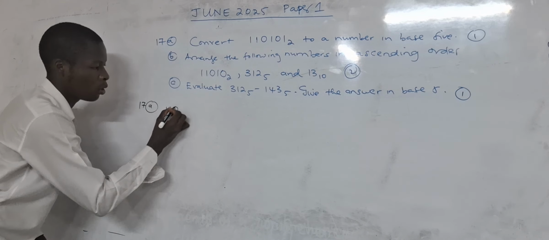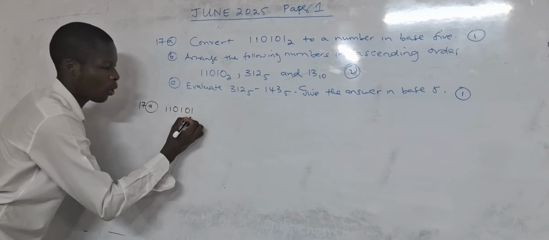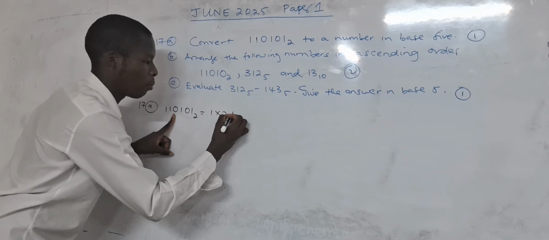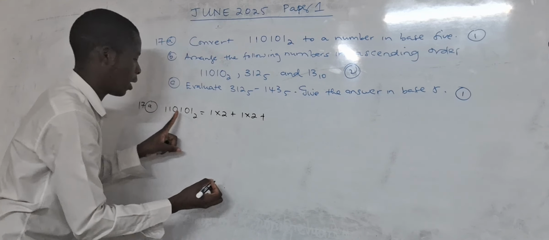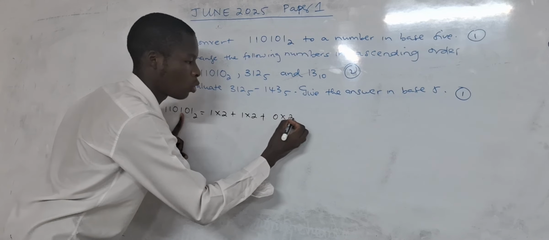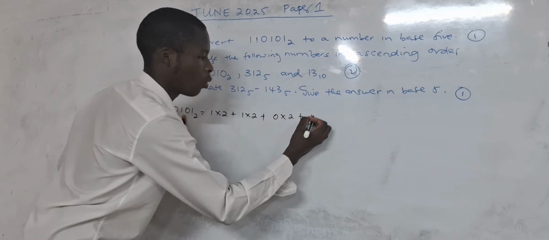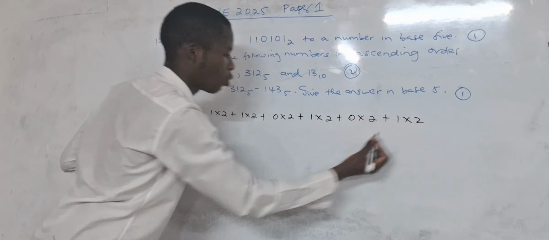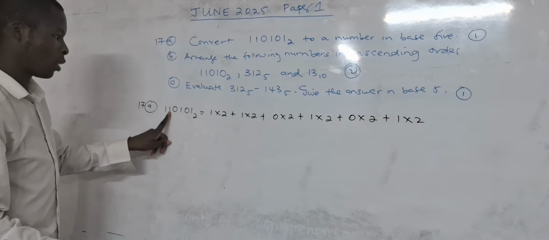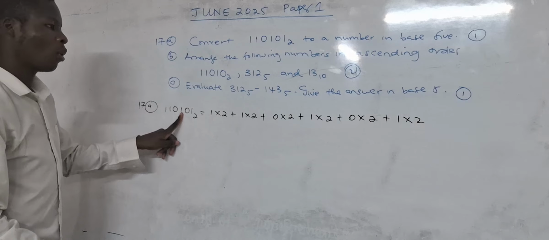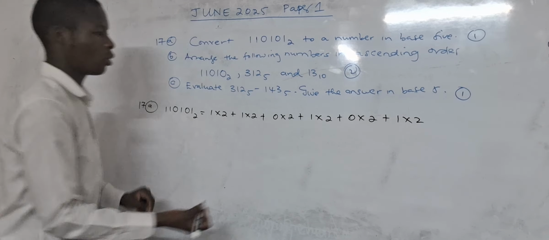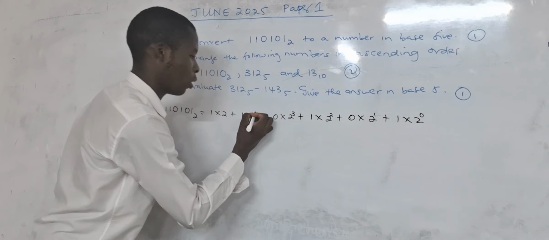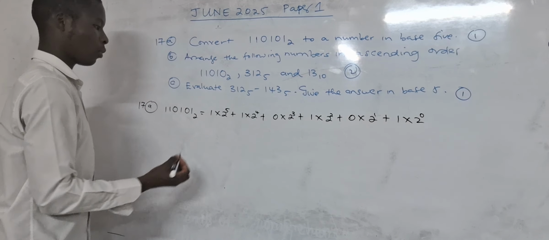110101 base 2 is equal to 1 times 2 plus 1 times 2 plus 0 times 2 plus 1 times 2 plus 0 times 2 plus 1 times 2, with powers 0, 1, 2, 3, 4, 5.